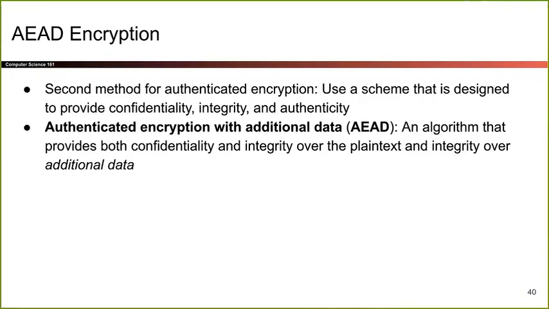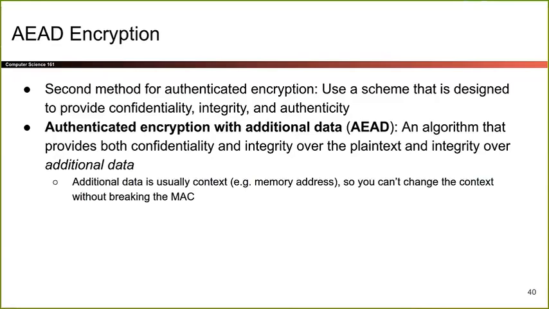But again, all it is is an algorithm that gives me confidentiality and integrity over the plain text. So I get both. And the additional data part just says, if I have some extra data that's not private, so maybe it's like, send this to Bob or some additional information, I can also get integrity on that. So that's just a bonus. But all you have to know is that it's an algorithm that gives me all of them together.